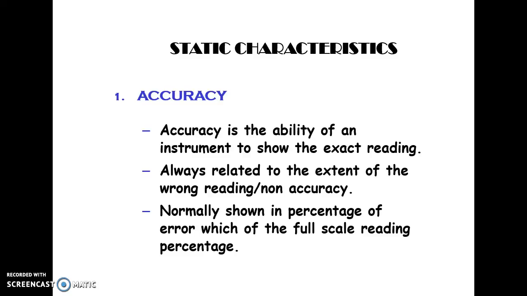For example, if you want to measure a 15 volt voltage value, with the help of that instrument, you should get exactly 15 volts, not 14.9 or 15.1. You should get exactly 15 volts. It is always related to the extent of the wrong reading or non-accuracy, normally shown as a percentage of error, of the full scale reading percentage.